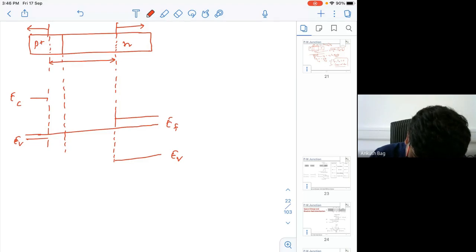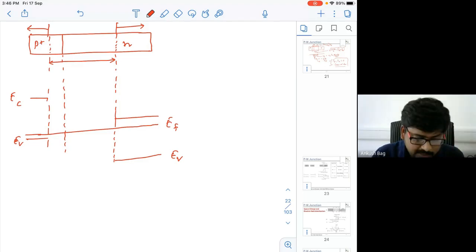Then there is some concept called E naught, and E naught is the energy of free carriers. In a normal PN junction we do not need to discuss this, but whenever we need to discuss a heterojunction, a heterojunction is a junction between two dissimilar materials.